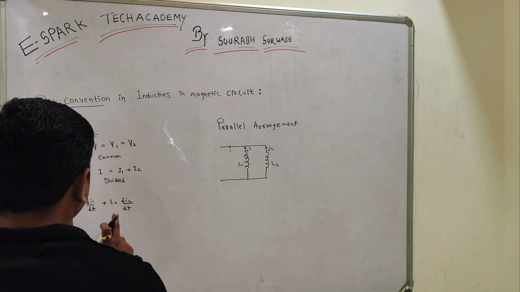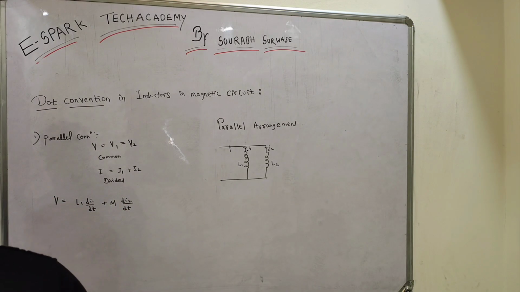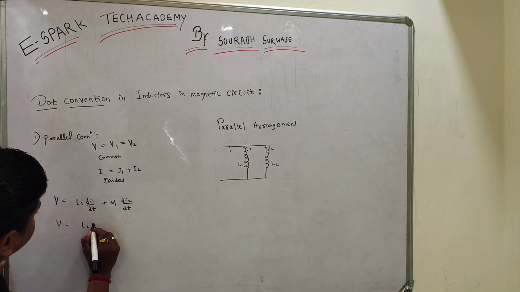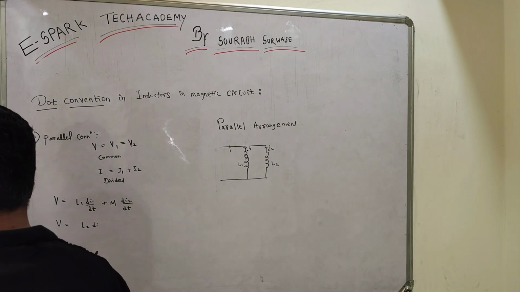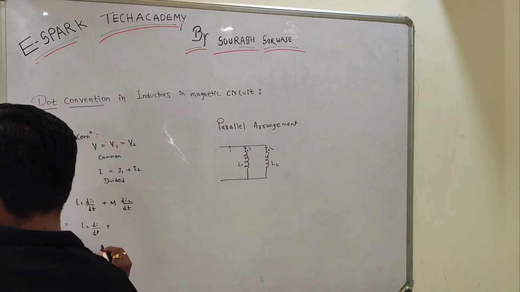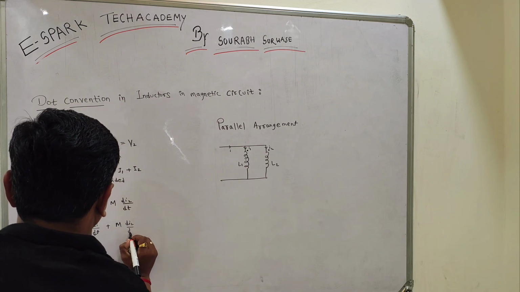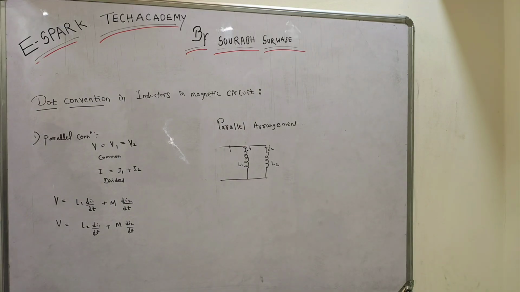In this case mutual inductance will be present, and in the same way we will write the equation for the other coil: L2 di by dt plus L1 di by dt.